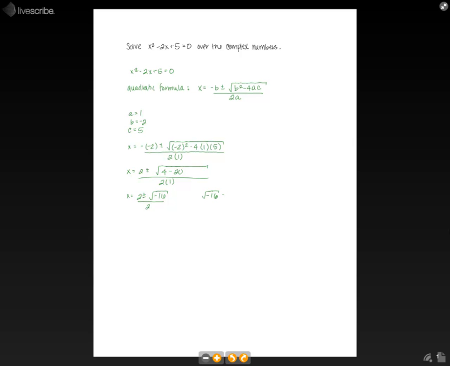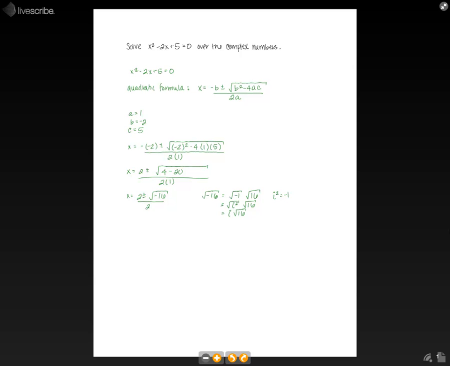So we could change that into the square root of negative 1 times the square root of 16, right? And we know that i squared is equal to negative 1, right? So this is the same as saying the square root of i squared times the square root of 16, which is the same as saying i times the square root of 16.